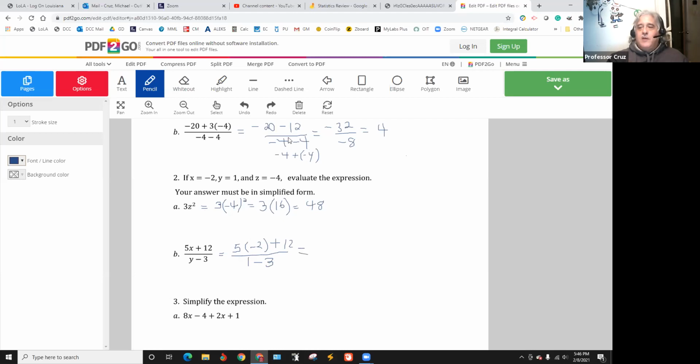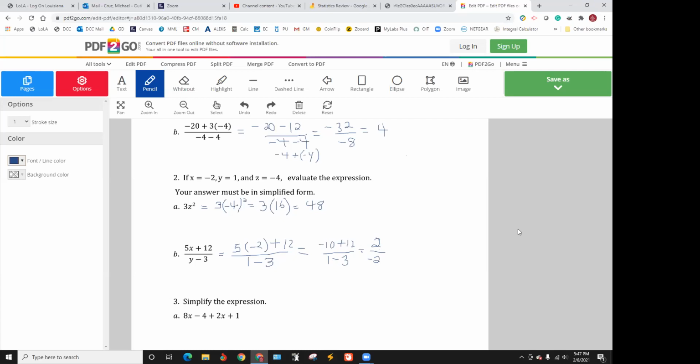And very similar to that one up here, we do the multiplication first. So -10 plus 12, take the difference, which is 2. 1 take away 3 is -2. So what do we got? -1. Good.